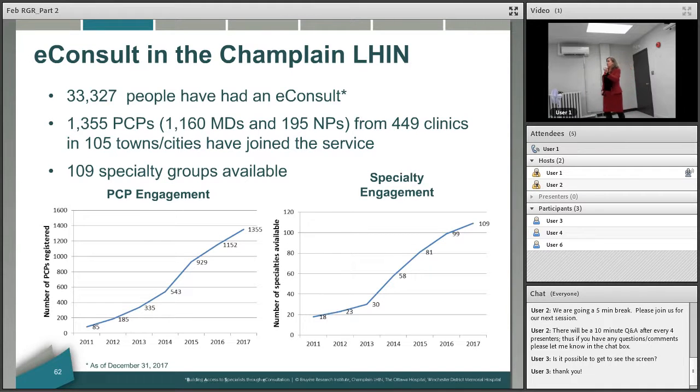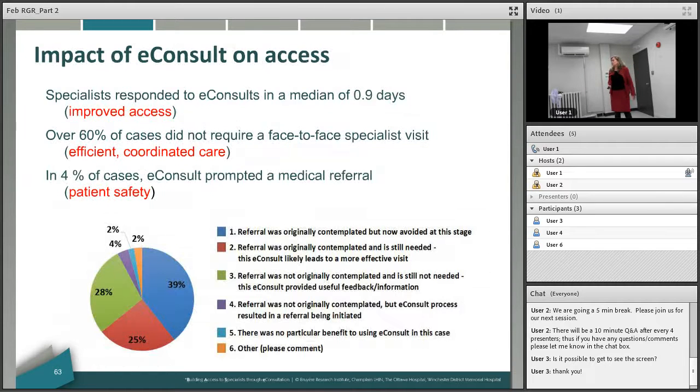So where are we at? From a really small project, just an idea off the side of a coffee cup and a napkin, we've now had 33,000 people who've had an e-consult. We're across multiple clinics, towns and cities in Ontario, and we've had increasing growth in terms of primary care engagement and in our specialty groups, and that's in the Champlain region. What's really exciting, based on these results, so these are our main outcome results, is they're remaining very static.